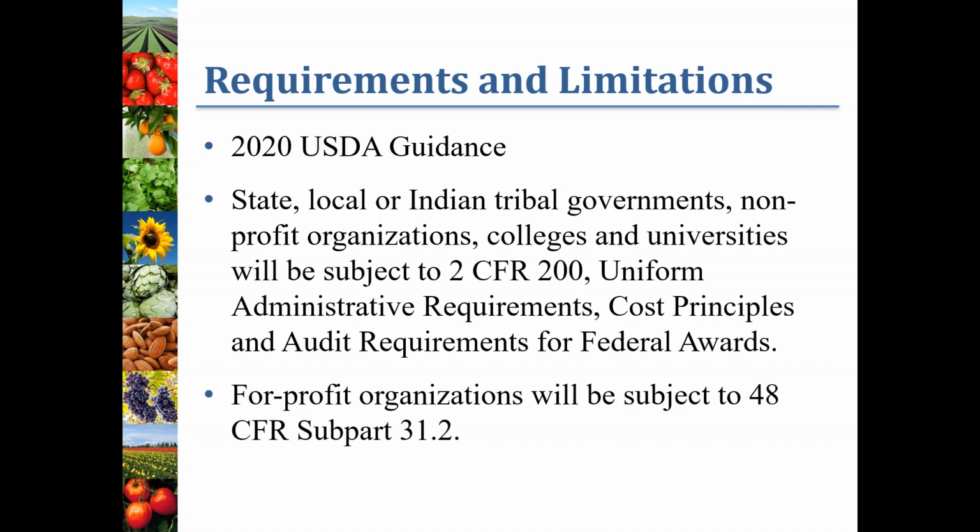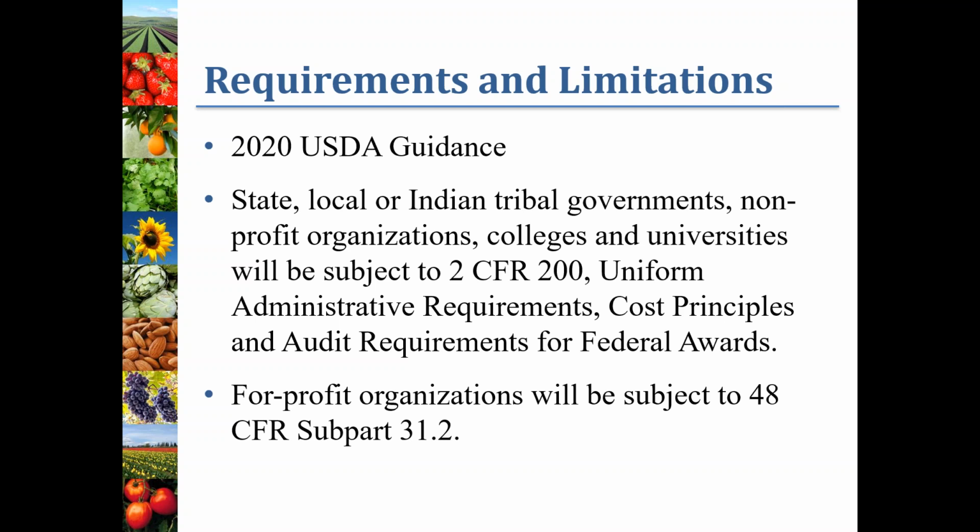Additionally, when developing your proposal and project budget, you will need to know what costs and activities are allowable and unallowable under this program. All organizations other than for-profits are subject to the administrative requirements and cost principles set forth in 2 CFR 200.